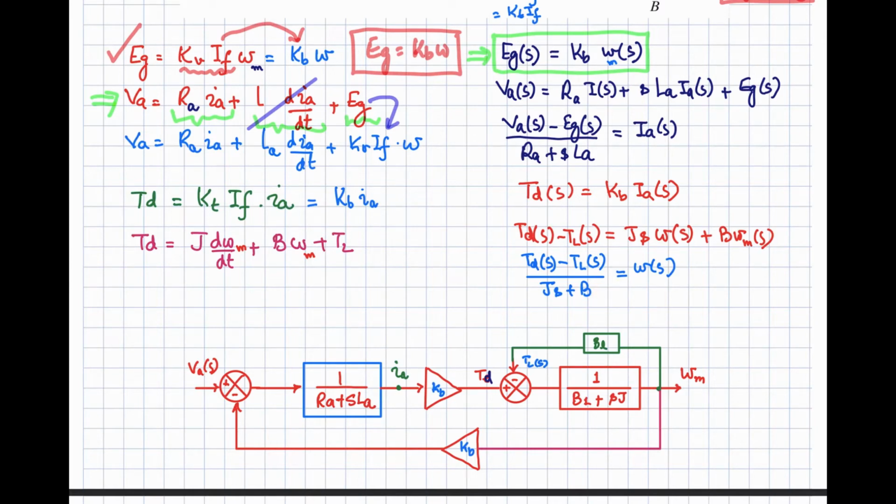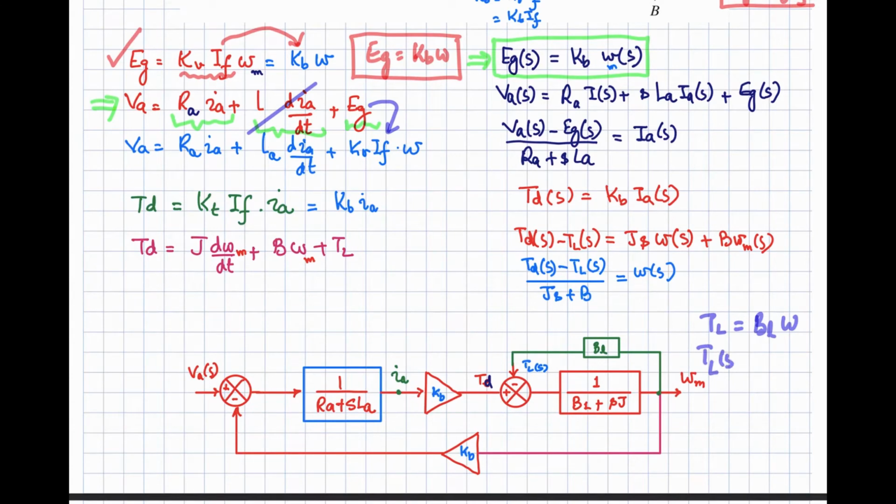Let's suppose that the load torque is given as TL equal to BL into omega, where BL is the friction constant of your load, and in the S domain we can write TL(s) equal to BL into omega(s). Taking this and multiplying it with BL, you get the load torque.